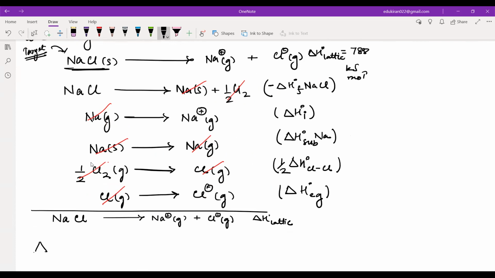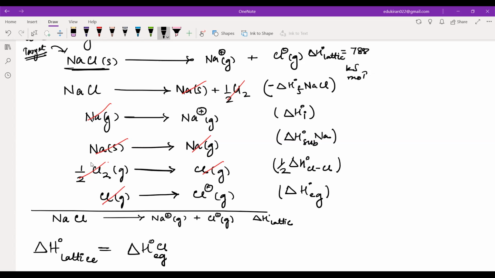So I can write the delta H naught of lattice will be equal to the minus of, so we will write the minus later, right? Let us write the positive parts first. So delta H naught Eg of what?